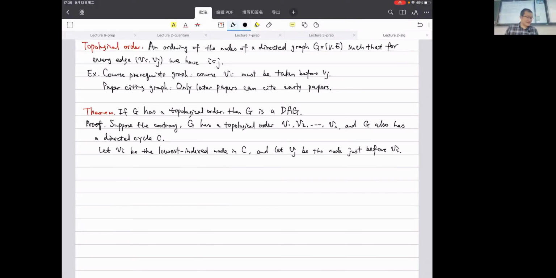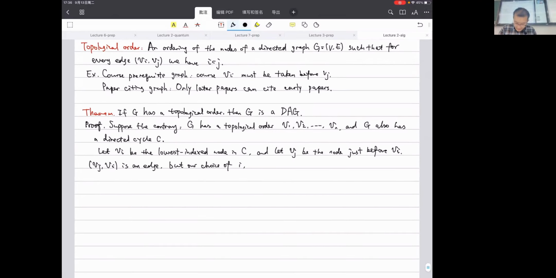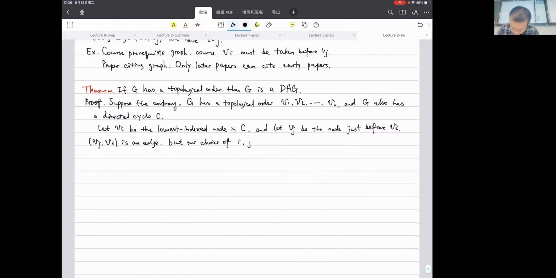So we clearly see that this gives an issue, because we are talking about a cycle here. We are talking about Vj, the node just before Vi. So we know that Vj, Vi is an edge. But by our choice of i, because we are choosing Vi to be the lowest indexed node in this cycle, by assumption we have j smaller than i, contradicting the topological order assumption.